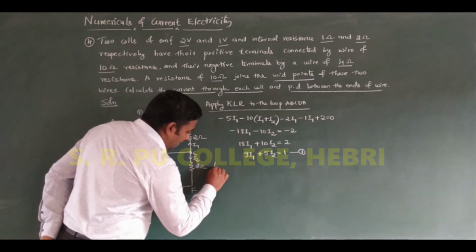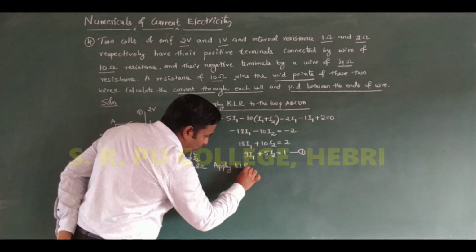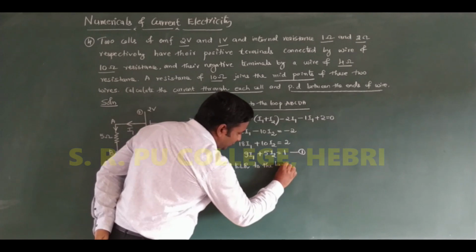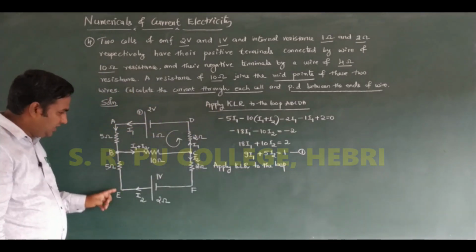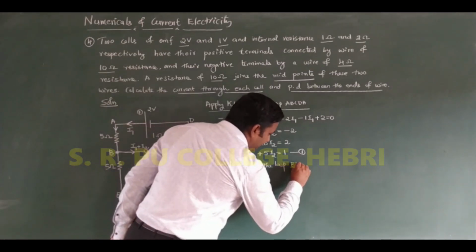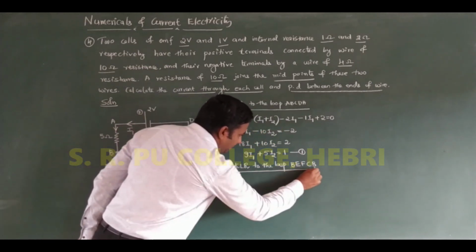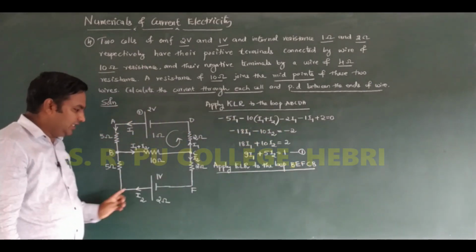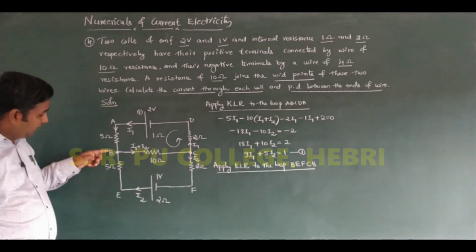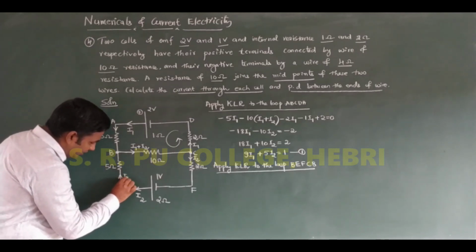Then apply Kirchhoff's loop rule to the loop BEFCB. See this: B to E to F to C to B. If I move from B to E, the I2 current is flowing here.